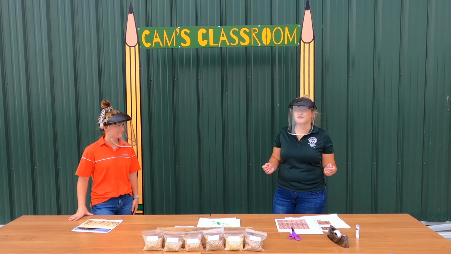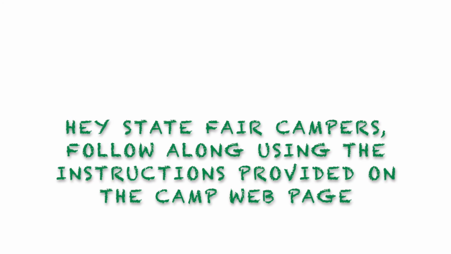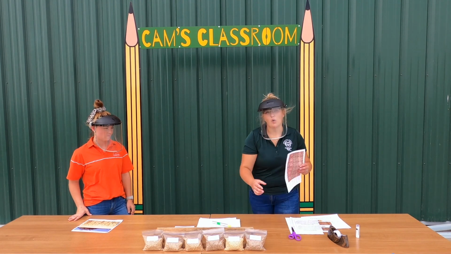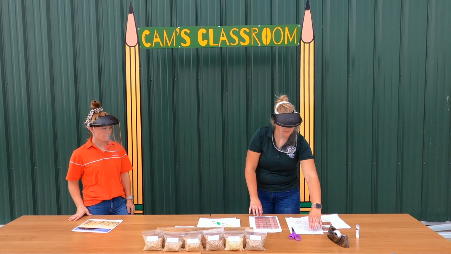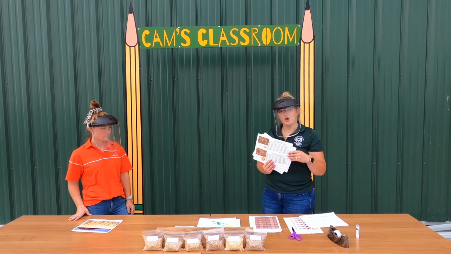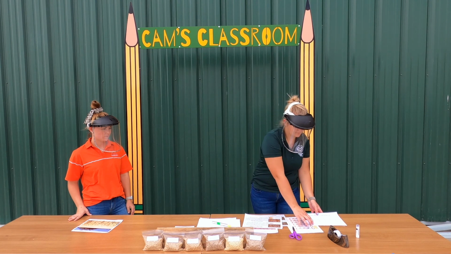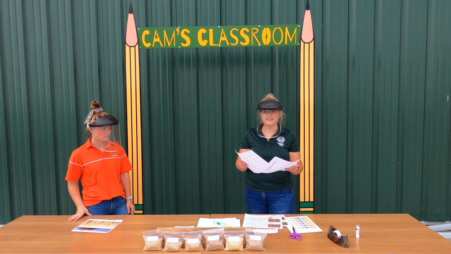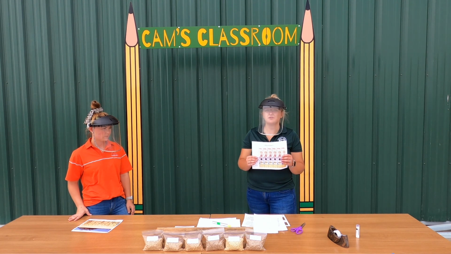Let's talk about a few of the materials we're going to need today. You're going to need the samples or images of the 6 classes of wheat, the wheat information cards, the 6 classes of wheat activity sheet, single-sided, and the products made from wheat.